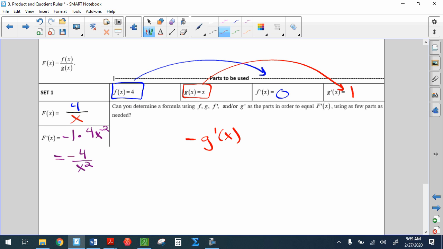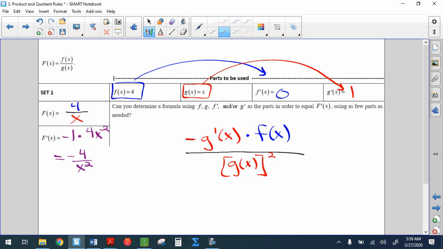So negative g prime of x is negative 1 times f, so derivative of g times f, and then over g of x squared. So I have an x squared, so that's just g of x squared. I have a negative 4, so you could say is negative g prime times f.